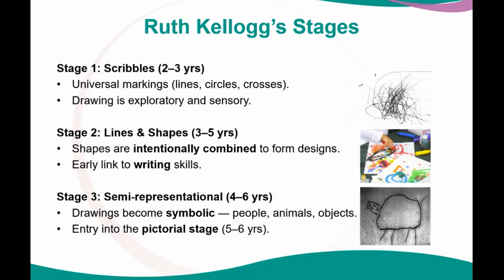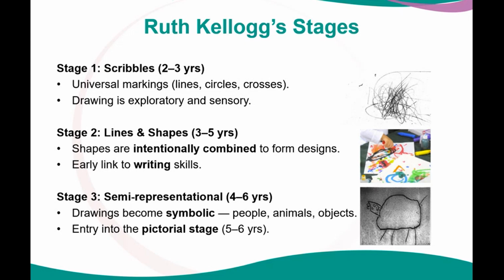When we look at stage 2, the lines and shapes, this is ages 3 to 5. Children begin to make designs from the shapes they have been drawing, where they draw simple shapes at the beginning of writing as well. And then stage 3 is the semi-representational, ages 4 to 5. Designs take on the form of people or things.